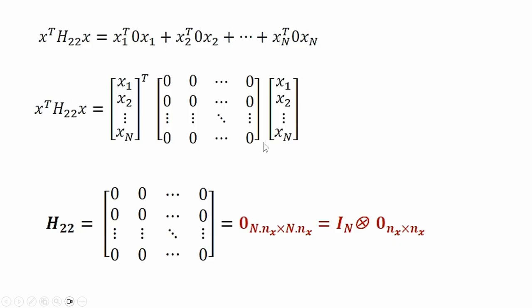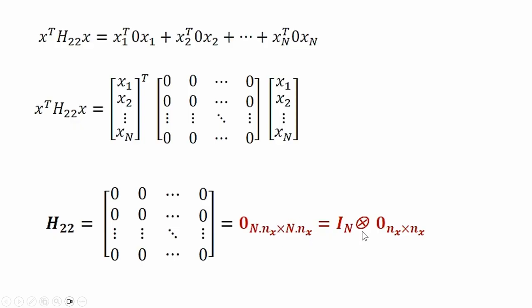If we compare the left-hand side to the right-hand side, we can see that H22 is equal to this middle matrix. And this matrix, which contains all elements to be 0, can also be expressed effectively using Kronecker symbols as follows. Here 0 means a matrix with all elements zeros containing nx number of rows and nx number of columns.